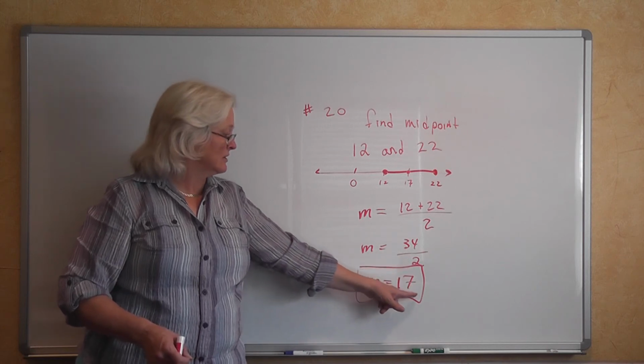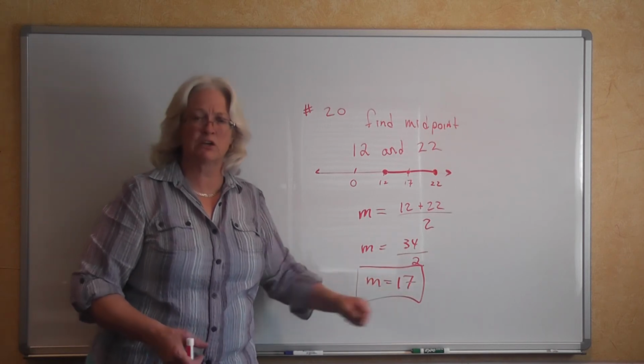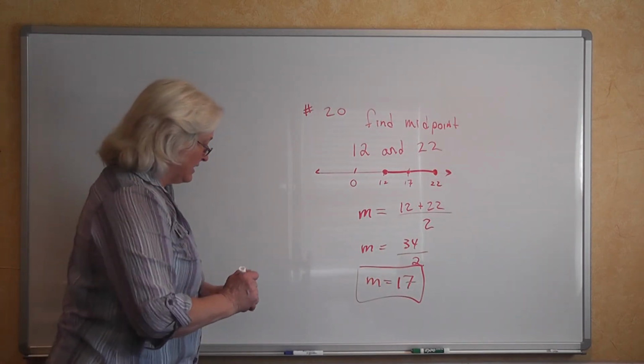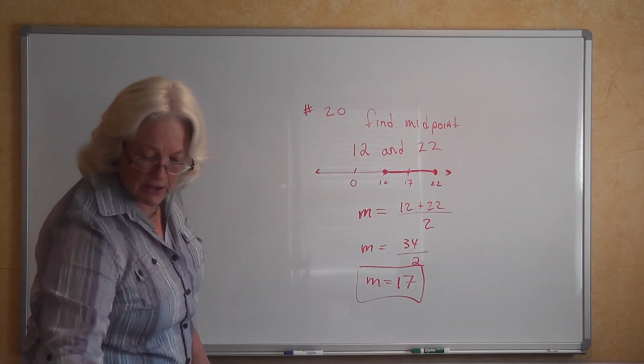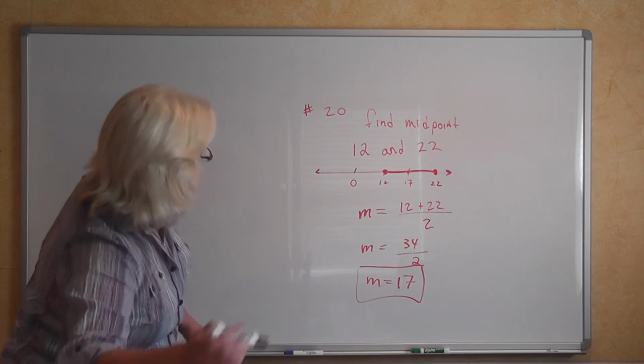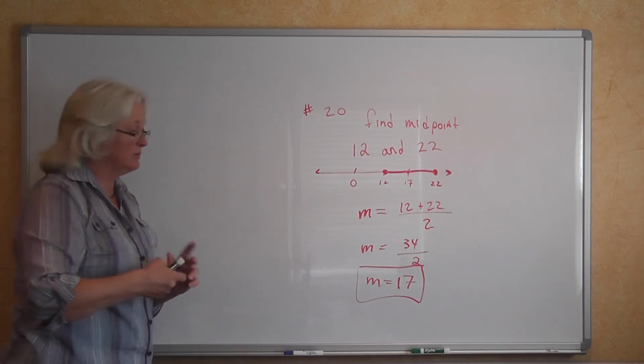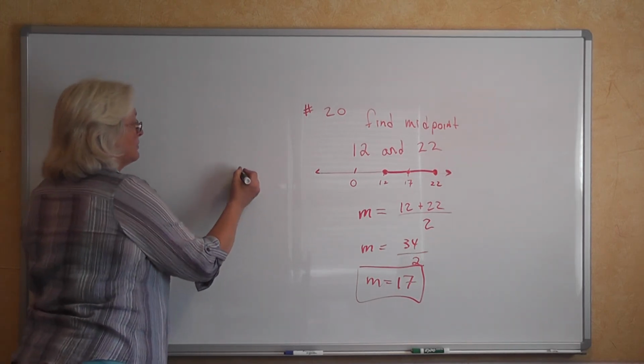Now some of you are looking at this and saying, what in the world is that? There's a slash on your 7. I need to tell you that this is how I'm going to write a 7.